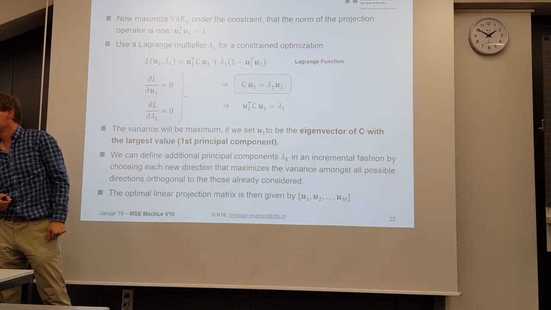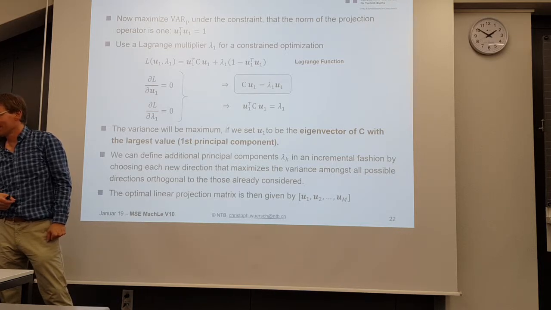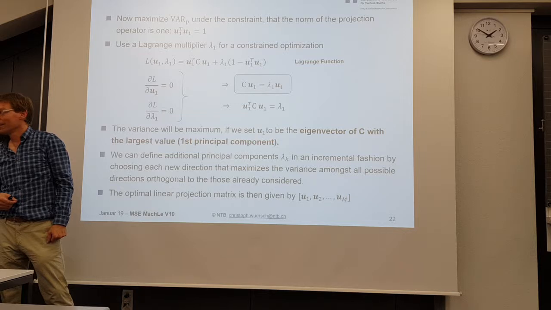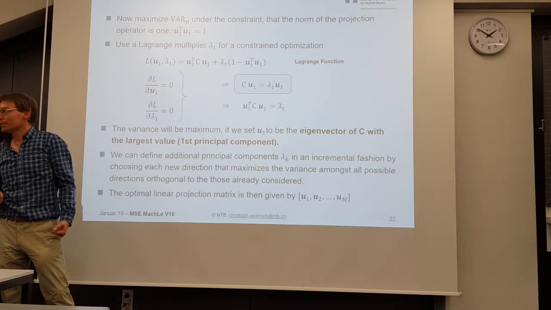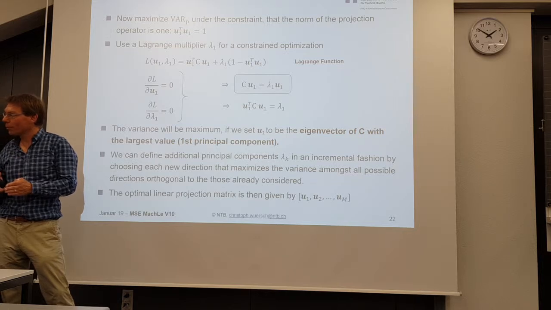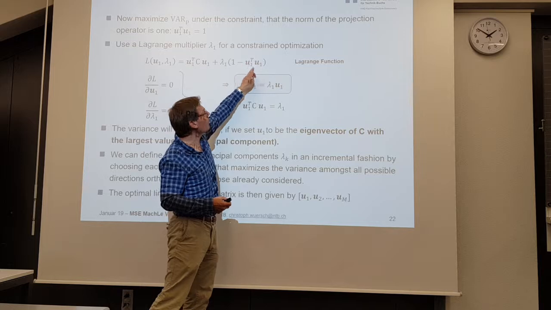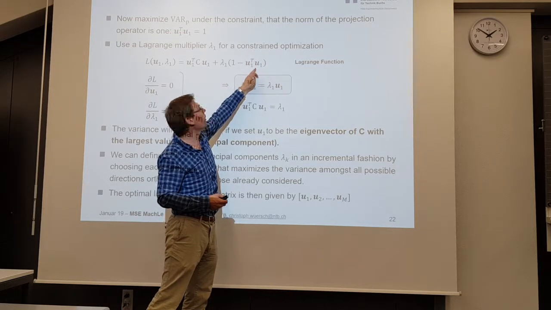So you can use the Lagrange approach if you have an optimization problem that is not open to infinity, but is constrained, closed. If we have constrained optimization problems, it's not infinity, but we have a condition which says the length of u1 here has to be 1.